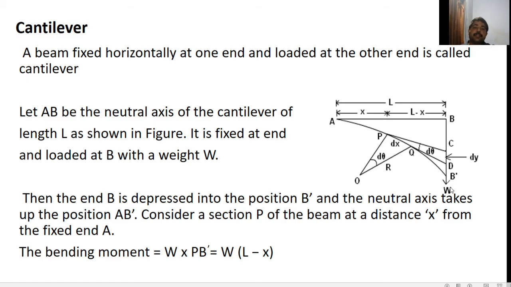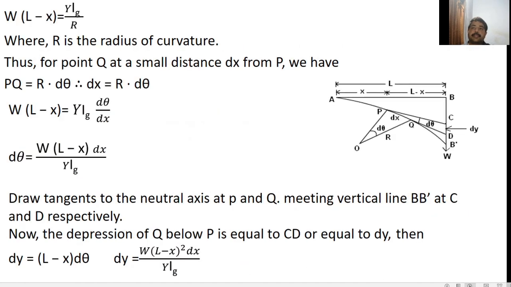So here the force is omega and the perpendicular distance from the axis of rotation is L minus x. Because the total distance is L, and we know the distance of P from the fixed end, the remaining distance is L minus x. So that's why the bending moment is equal to omega into (L minus x).